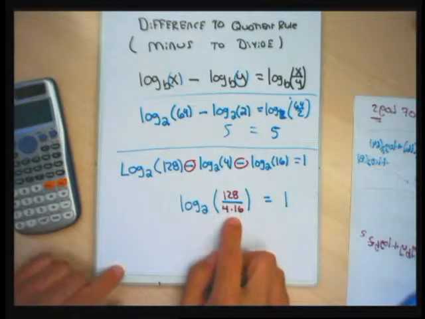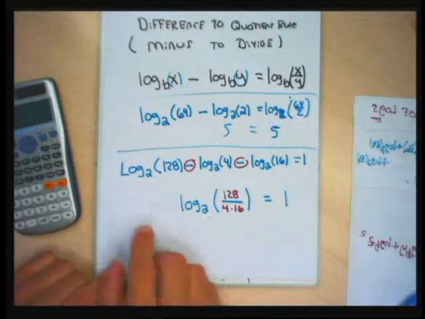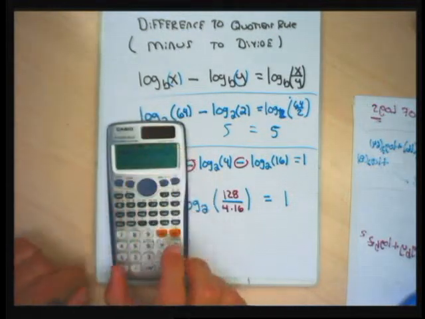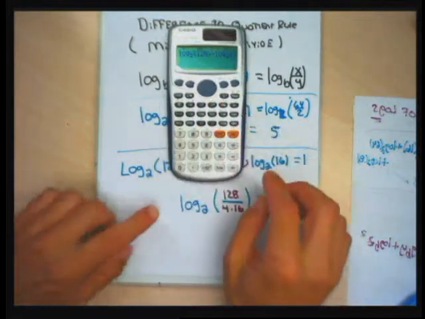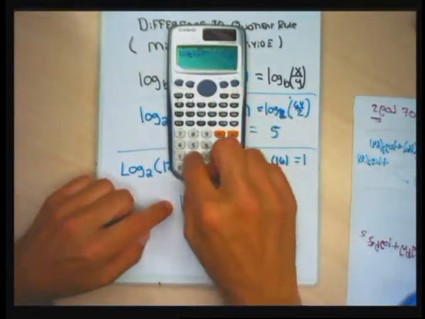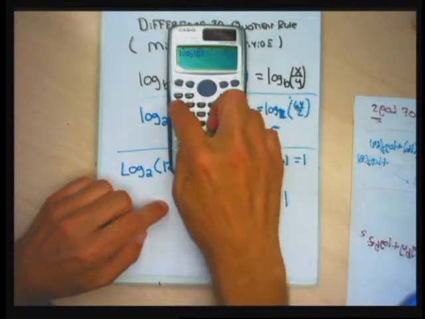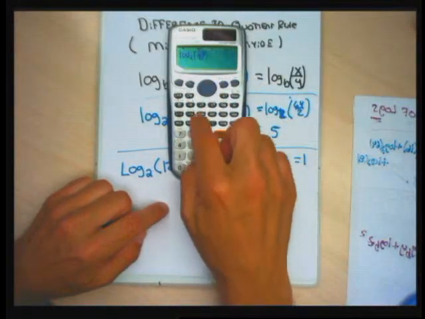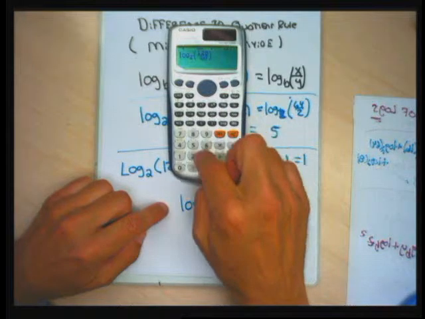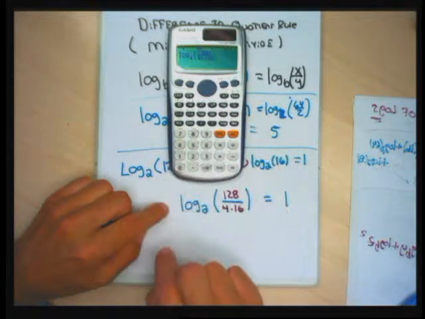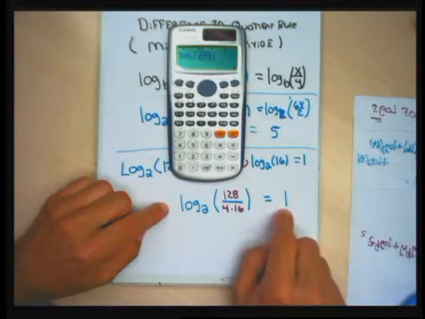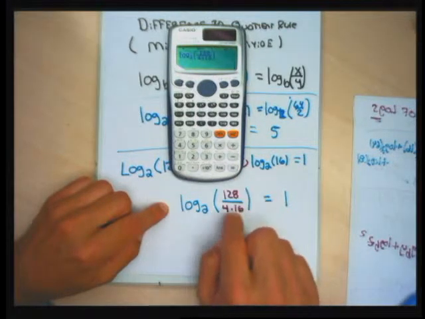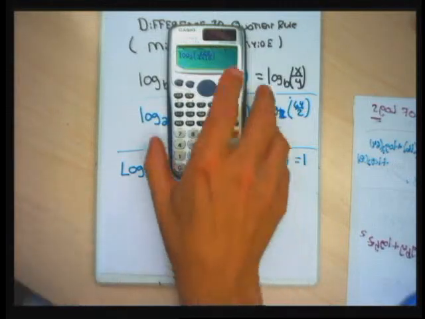I claim that this one is also going to equal the same one. So let me show you that. I'm going to do the logarithm base 2 of the fraction 128 over 4 times 16. More or less that's that with a different looking times, and that's also going to equal 1. If I put the 4 or the 16 in the numerator, I wouldn't get the same result.